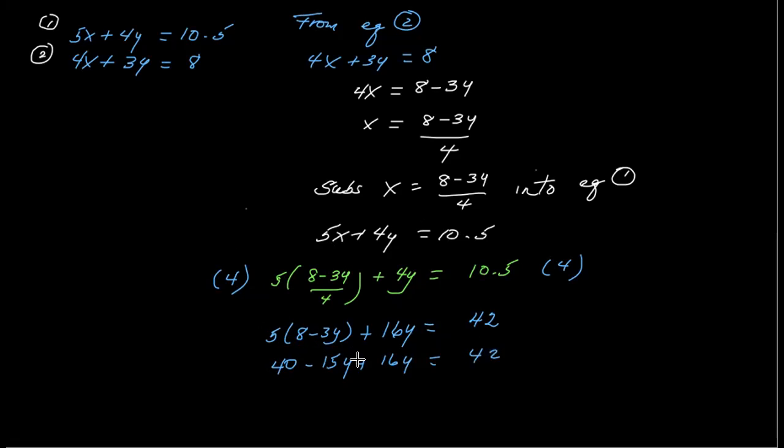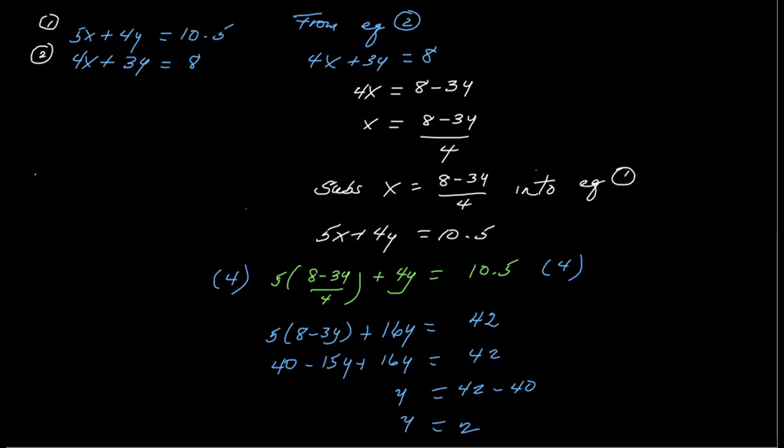Now let's transpose this 40. It is positive here, over here it's going to become negative. So this is 42 minus 40, and minus 15y plus 16y gives us just y. Hence y is equal to 42 minus 40, which is 2.